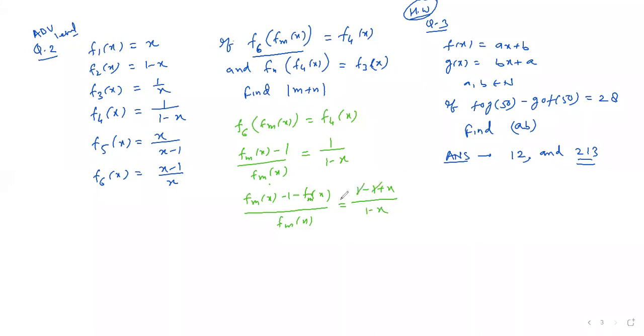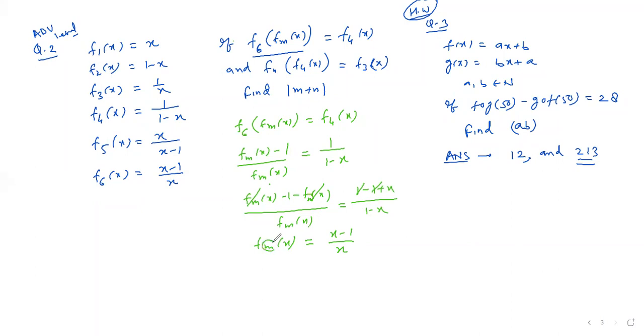You must be knowing this rule. Minus 1 upon fmx is equal to this. So fmx comes out to be x minus 1 by x.